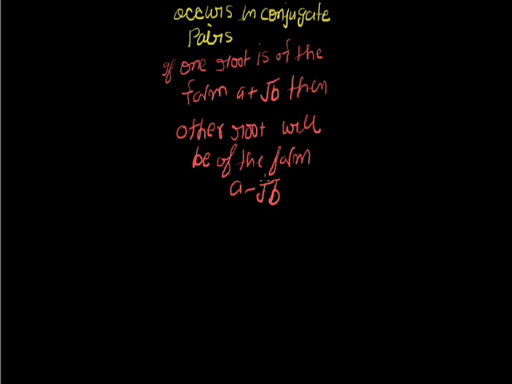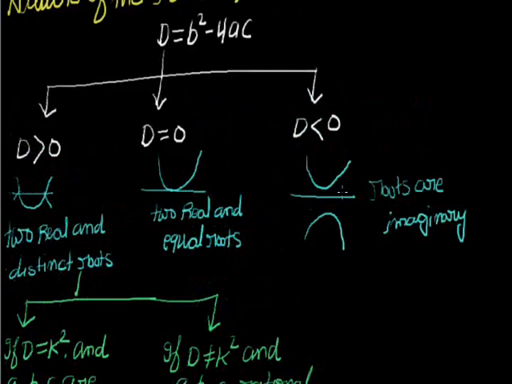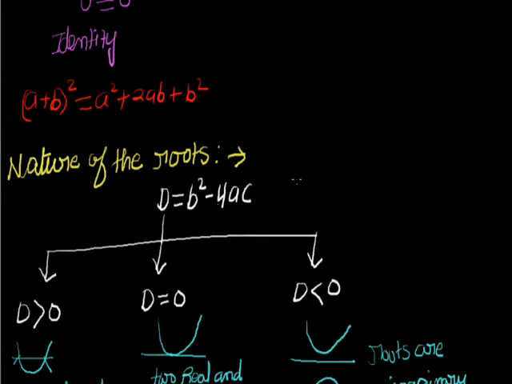These roots always occur in conjugate pairs. That is the property of the irrational roots. So that was all about the nature of the roots. We will solve a few questions based on the nature of the roots in our next class. Thanks for today.